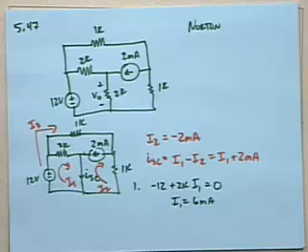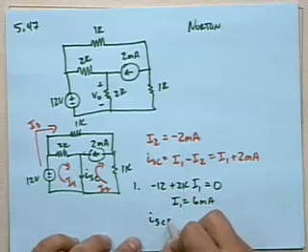And that's a little worrisome considering that I3 does flow through that loop too. It just doesn't flow through the 2K resistor. So if this analysis is right, I'm a little worried about it, to be honest.